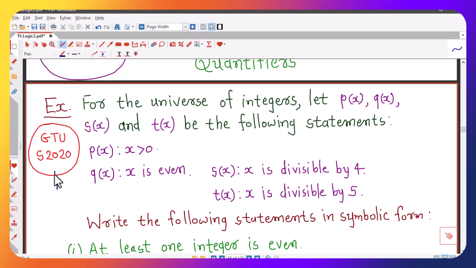This was asked in the GTU Summer 2020 exam. First we read what is given. The universe, that is the domain, is given to be the set of integers.